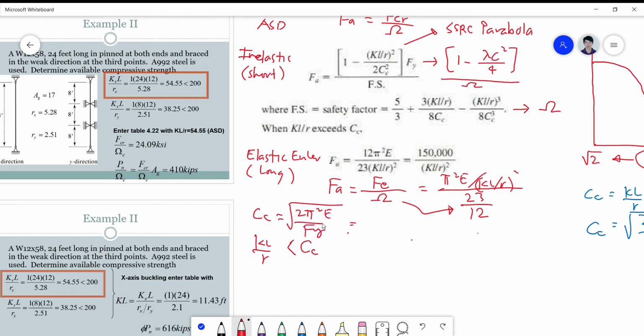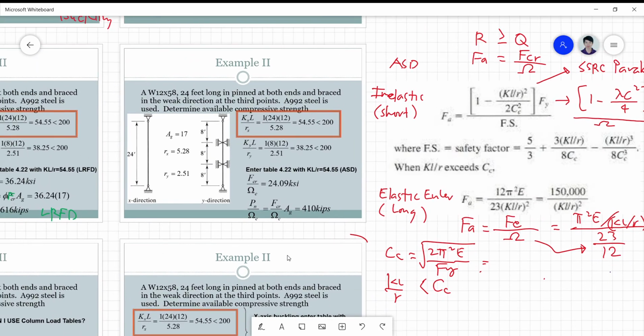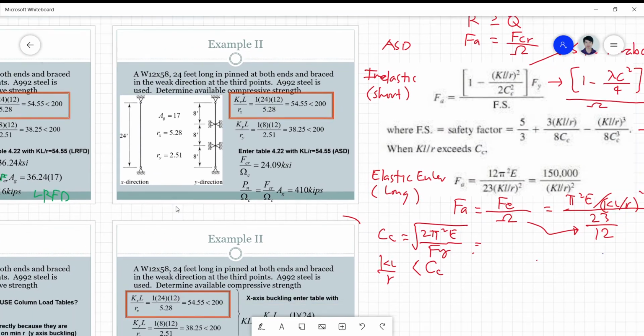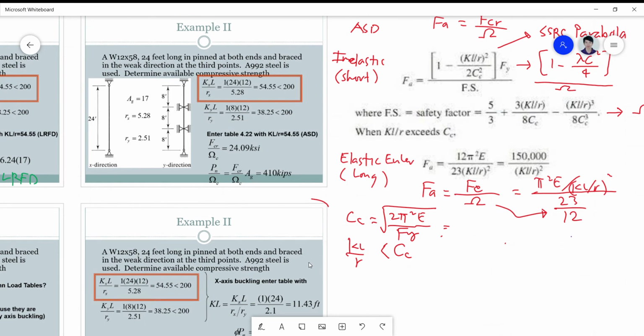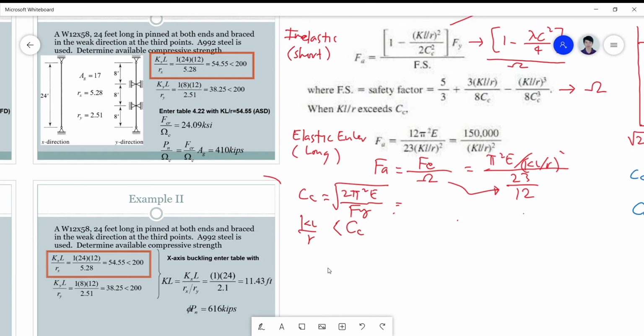Your Fy here is given to be A992 steel, so this is equivalent to 50 ksi.